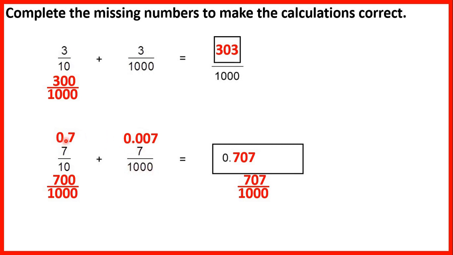So then 0.7 plus 0.007 equals 0.707, because remember, when we add decimals, we can put zeros on the end so that the numbers have the same number of decimal places.